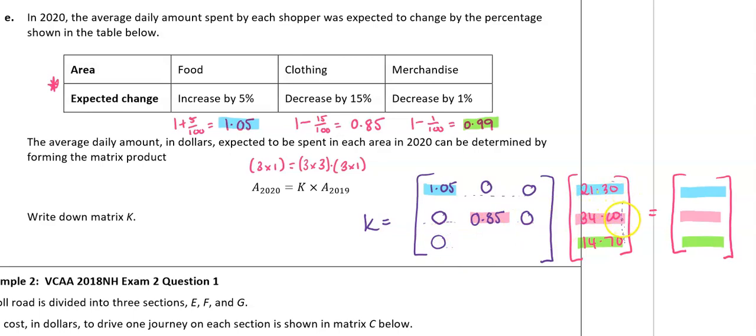I don't want to pick up anything as I move across to the second position from clothing. I do, however, want to do this multiplication in relation to merchandise. Okay? And so what we've actually formed here is a diagonal matrix. Okay? So K, in this case, will be a diagonal matrix.